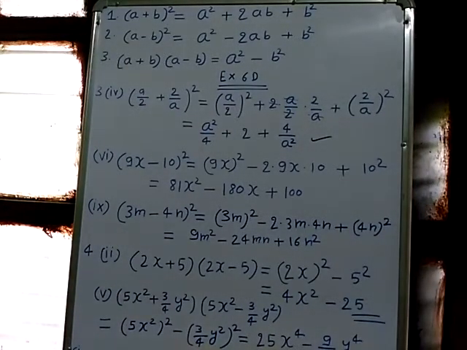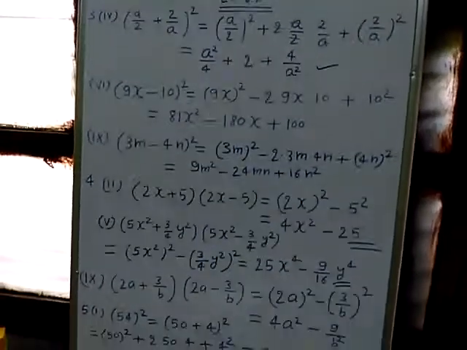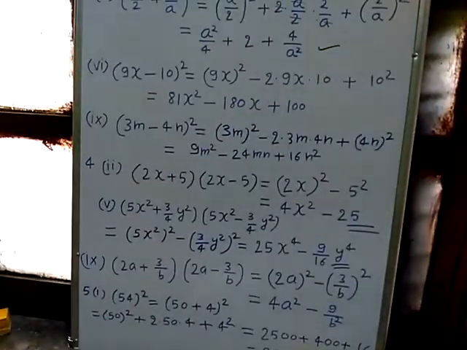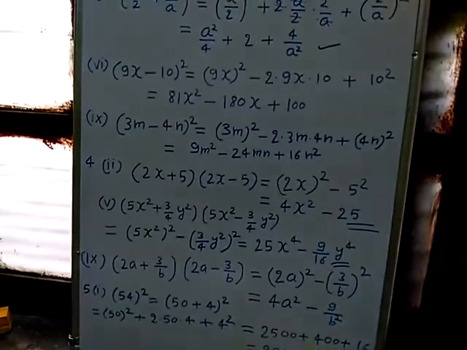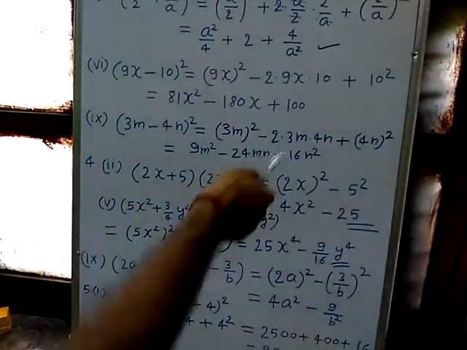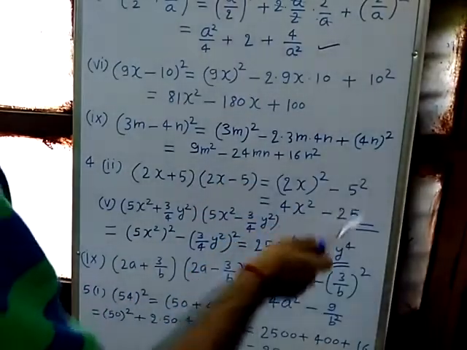Next, it's the ninth part of question number 4. If you have not seen, see this fourth, its second part I have done here: 2x the whole square, that is 4x square minus 5 square 25.